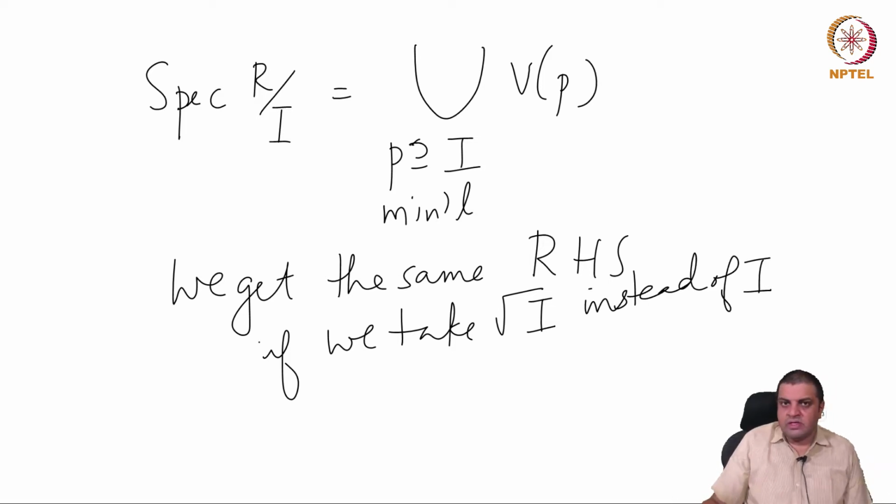So this is an important observation. There must be a relation between the radical of I and the primes containing I, and the relation is the following proposition.